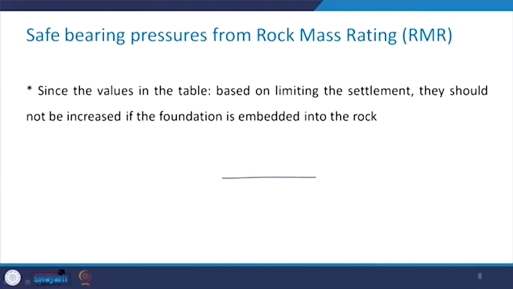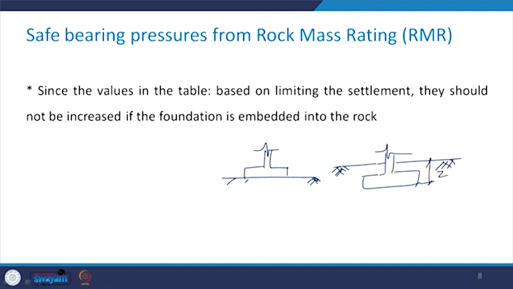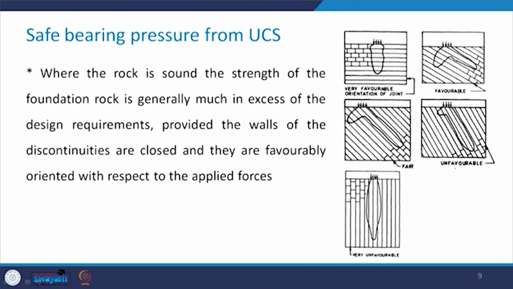Whether it is a surface footing like this, or there is embedment, which is there in most of the cases, you will never have a surface footing. Here the embedment depth is say Z. In such a case, whatever value you obtain, you should not increase it to account for this overburden.